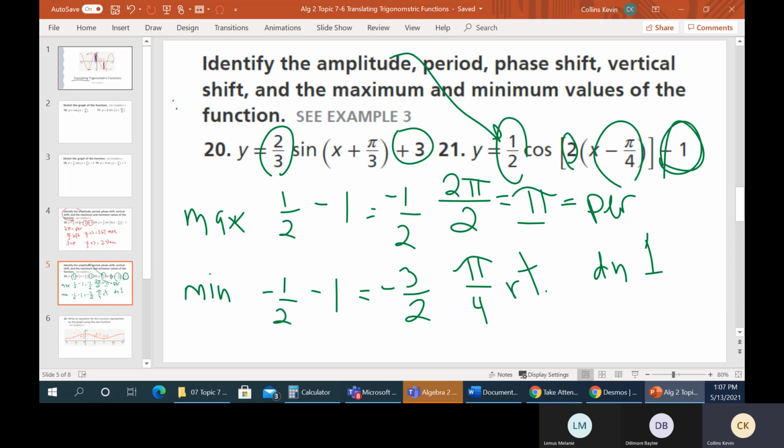Add and subtract it, because of the minimum and the maximum. Okay. Questions on that one? Sweet. All right. Check out a couple more. We'll call it a day.